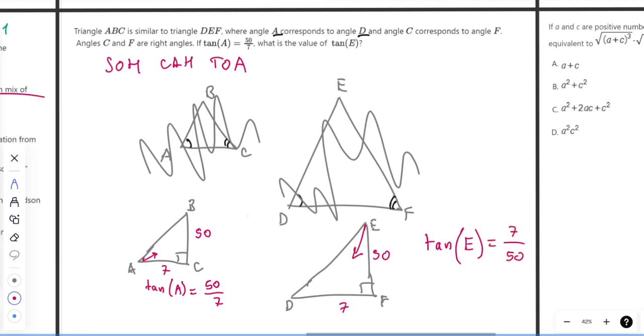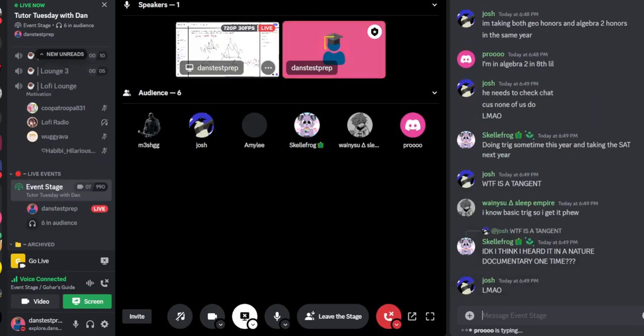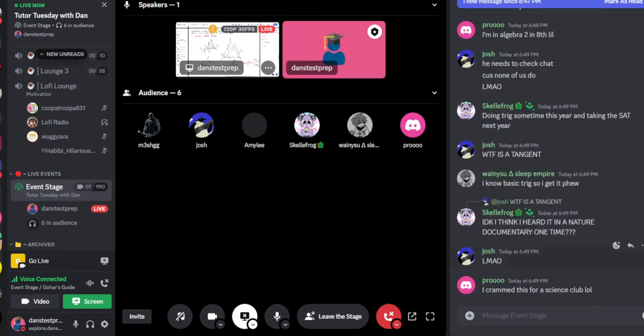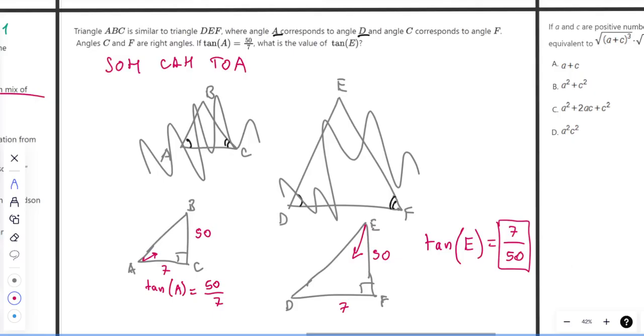And the adjacent side is now 50. So the final answer is 7 over 50. Did we get that one? Hopefully.